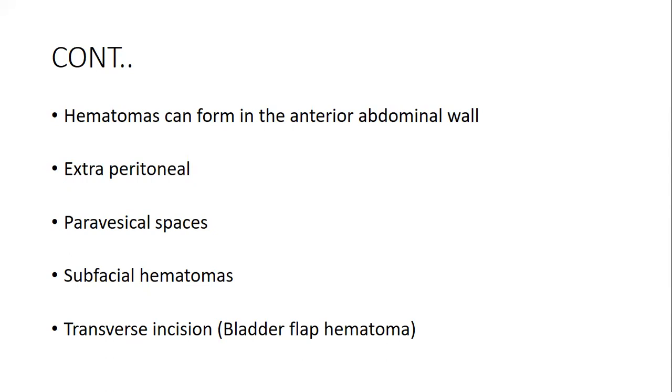So clinicians or surgeons prefer the transverse incision. However, it has a complication where it's possible to have a bladder flap hematoma. These are hematomas that may exist between the anterior uterine wall and the posterior wall of the urinary bladder. So we have to be aware that despite the preferred type of incision, it also comes with its own challenges.